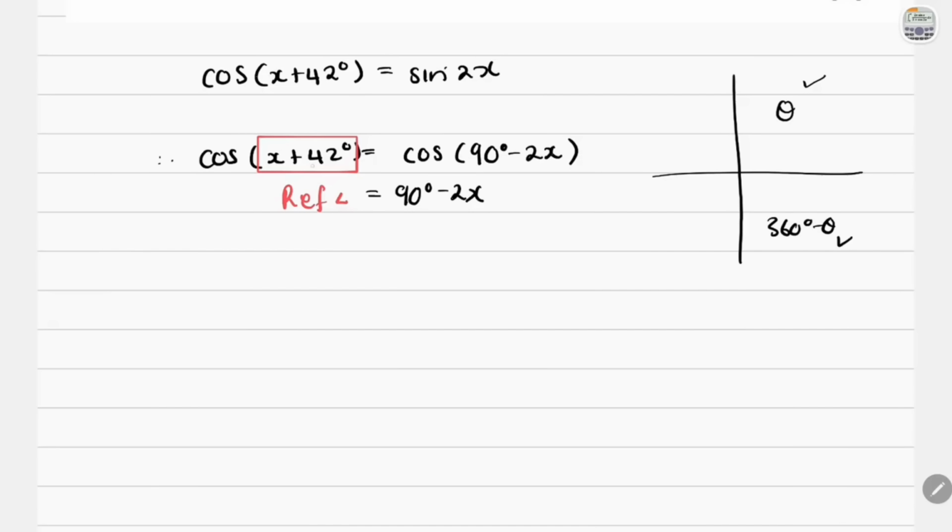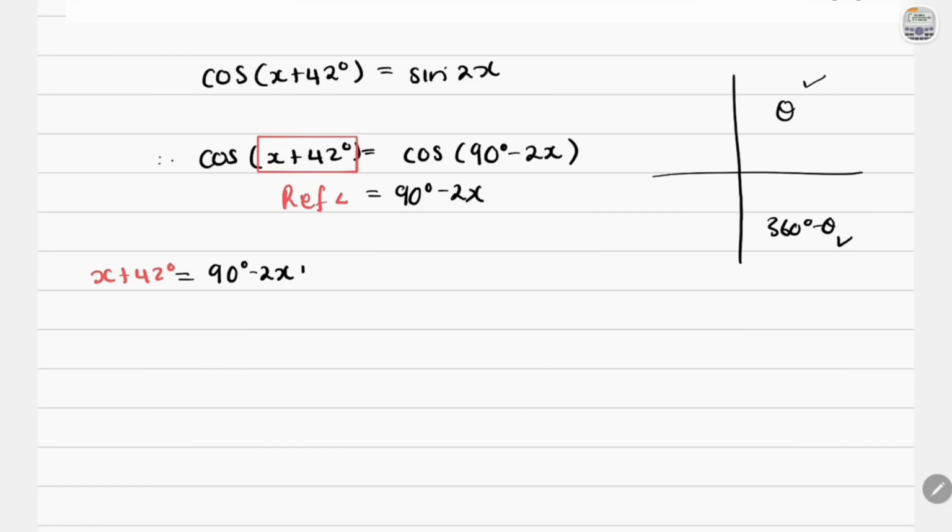So we're going to say what is our subject, okay, it is whatever you left here when we were applying the inverse function of cos, when we took that over. So that's what we're trying to solve for. We will have x plus 42 degrees is equal to, and we first have theta, so we'll leave whatever our reference angle is, which is 90 degrees minus 2x. So 90 degrees minus 2x.